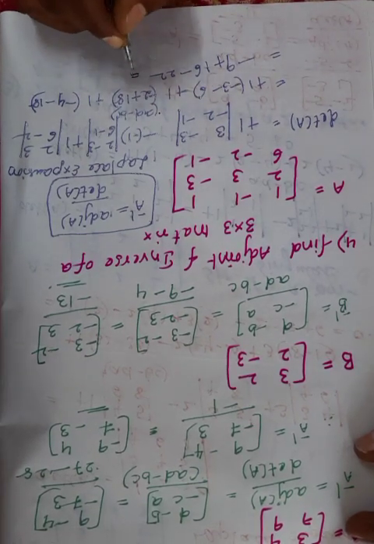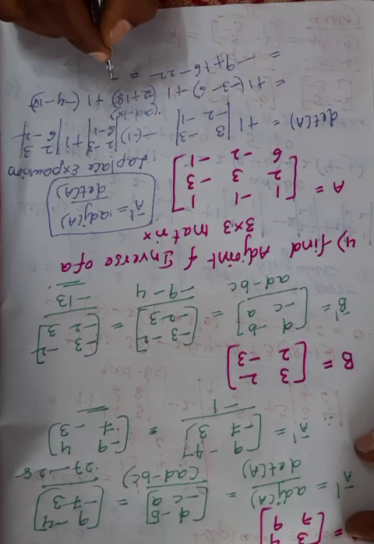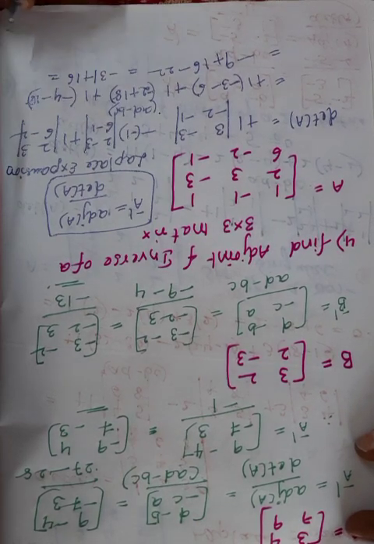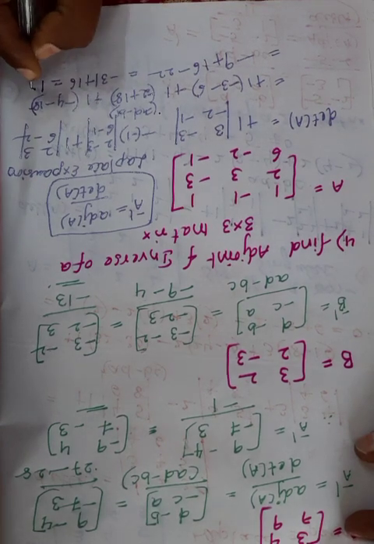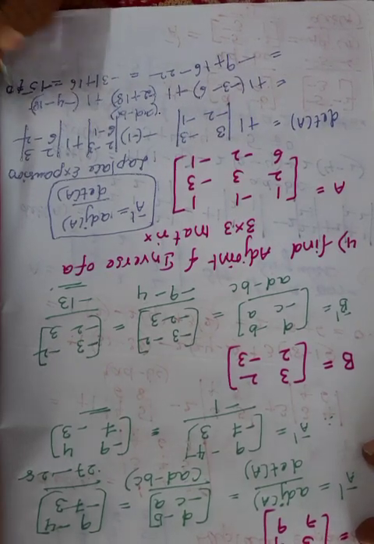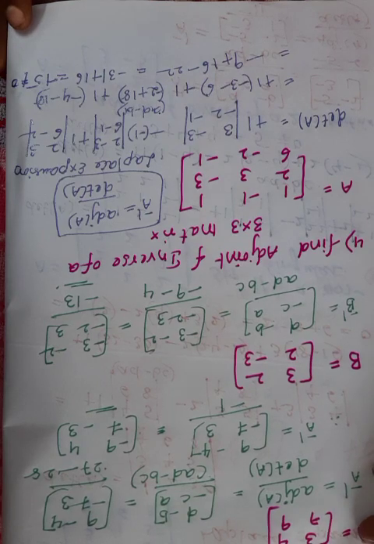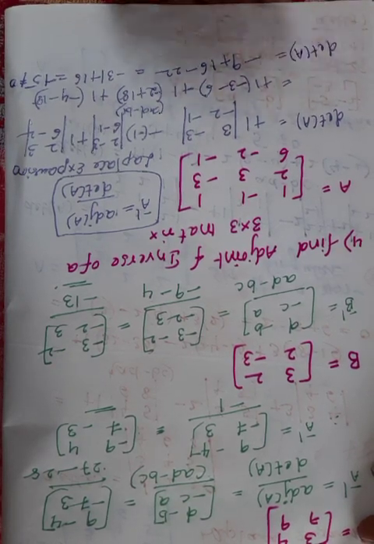Therefore minus 22 minus 9 is minus 31, plus 16, which is equal to minus 15, which is not equal to 0. So minus 15 is not equal to 0. Hence the det A value is not equal to 0.